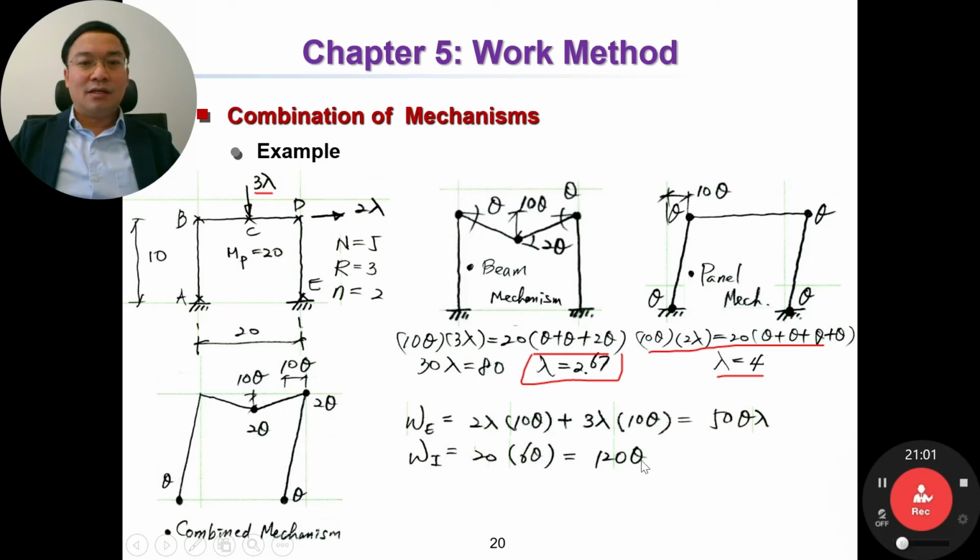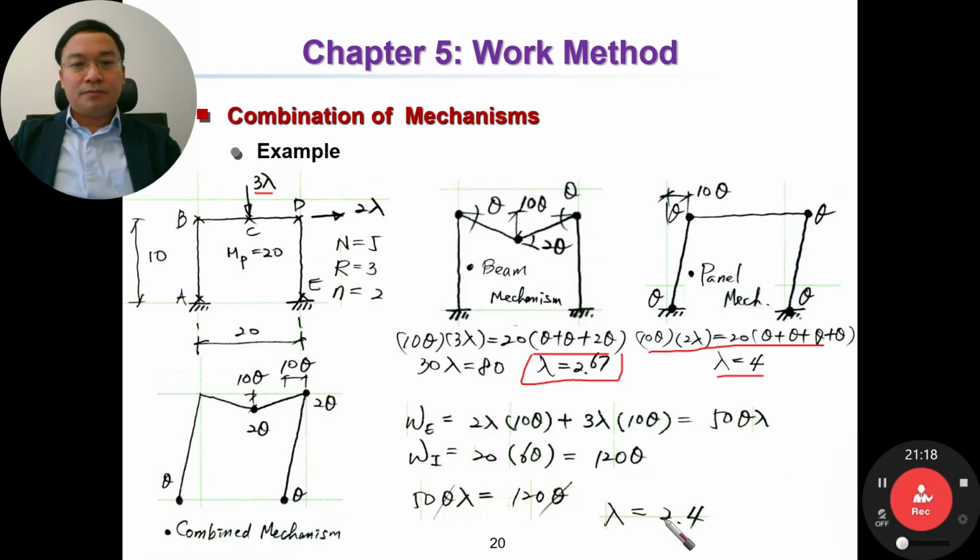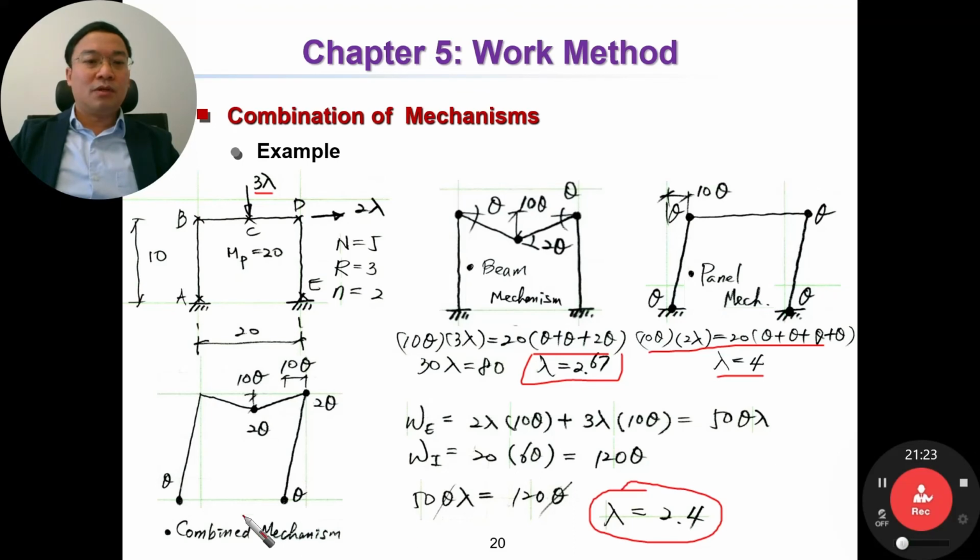Solving the external and internal work, we have lambda equal to 2.4. This is the solution of the combined mechanism, and of course it is the correct solution.